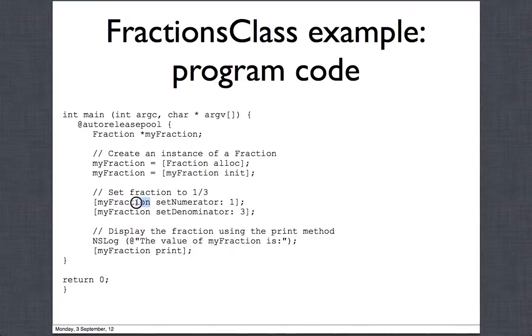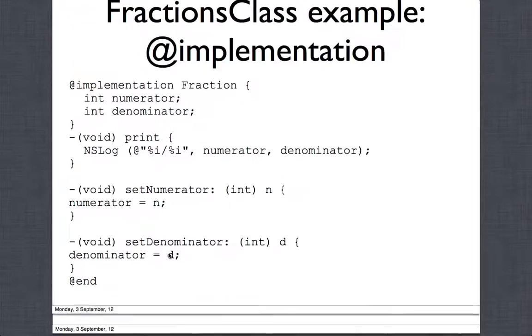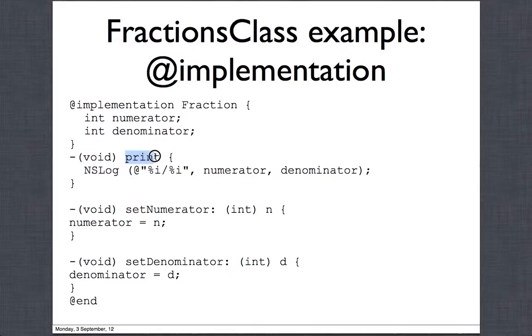So we're using myFraction, something we just created, and we're sending it a message setNumerator with the parameter 1 and setDenominator with the parameter 3. And then we can just say myFraction print. This sends a print message to myFraction, and it will call this method, which will print our 1 and 3 and a division symbol between them.